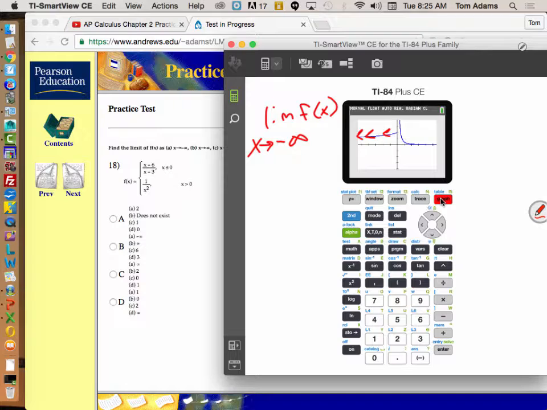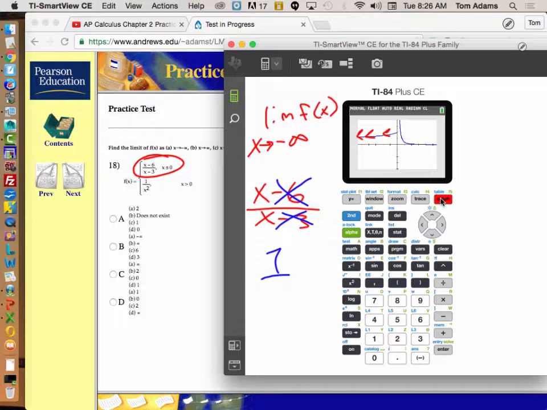As we go in negative infinity, we're going to focus on the x minus 6 over x minus 3. Remember that as we approach positive or negative infinity, these values are insignificant. So I really have x over x. What does that reduce down to? 1. So I would suspect that this approaches 1.